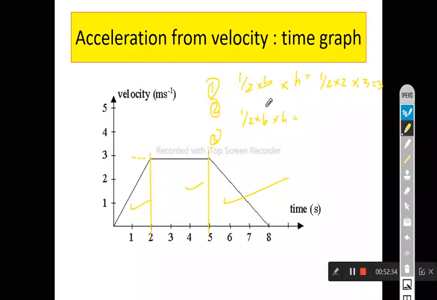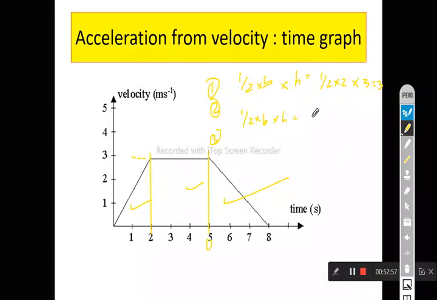Come again. The second triangle over here. What is the base length? I hear some people say 3 units, some say 4. Let us count: 0, 1, 2, 3.